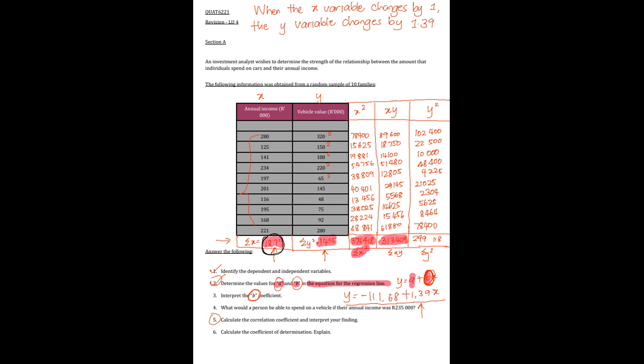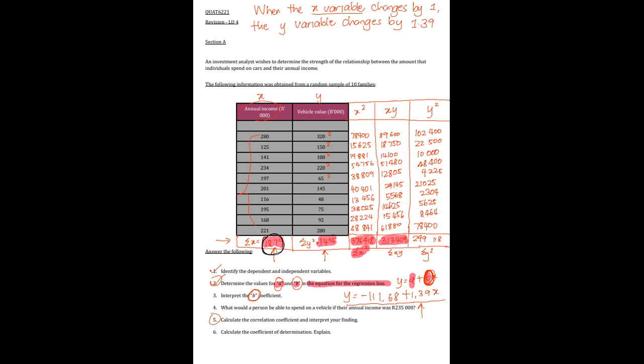And how you interpret this is that when your X variable, which in this case is your annual income, so instead of saying when your X variable, you can say when the annual income changes by 1, then the Y variable, which is the vehicle value, changes by the 1.39, which is the value of B.